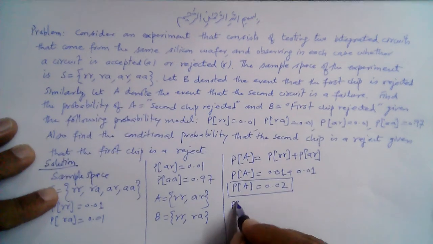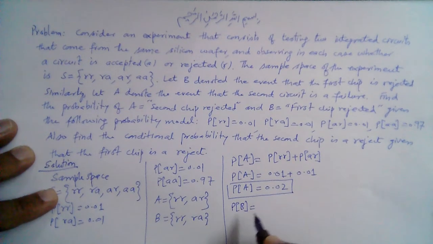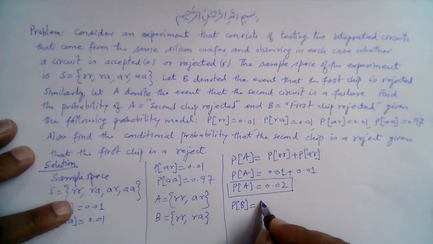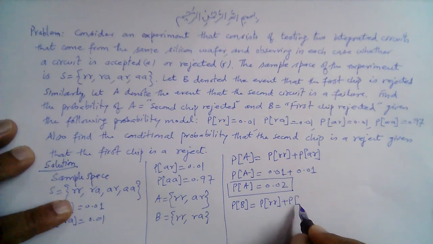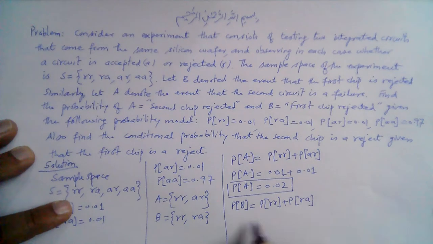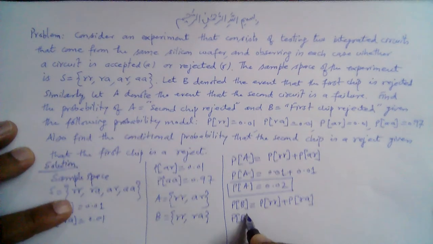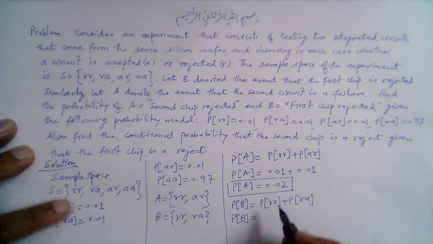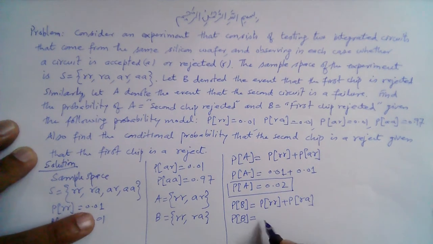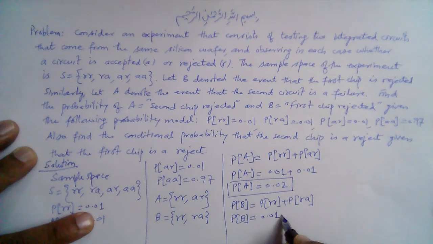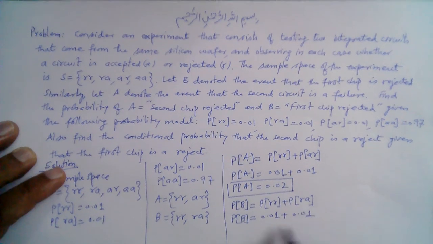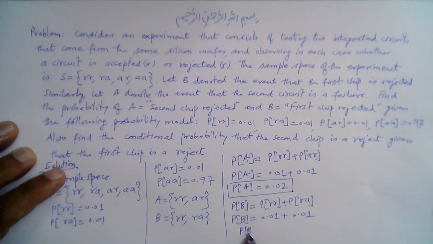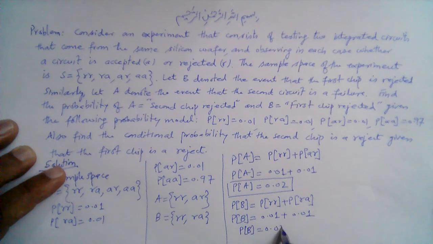Similarly, the probability of event B is the probability of these outcomes, probability of RR plus probability of RA. So the probability of B is probability of RR, 0.01, and probability of RA is also 0.01. So the probability of event B is 0.02.